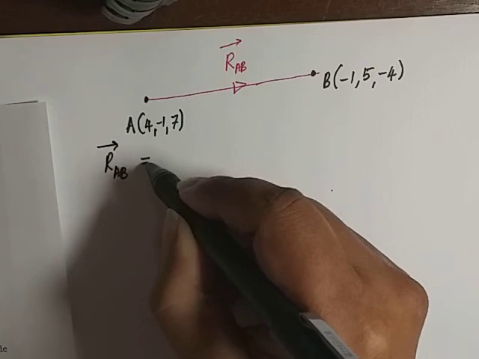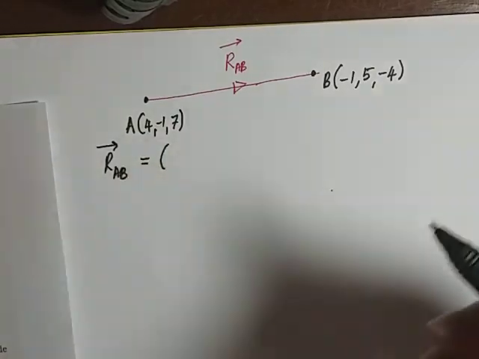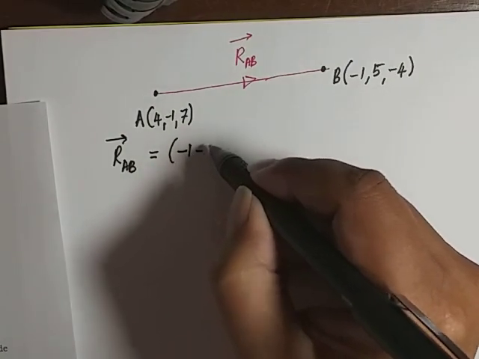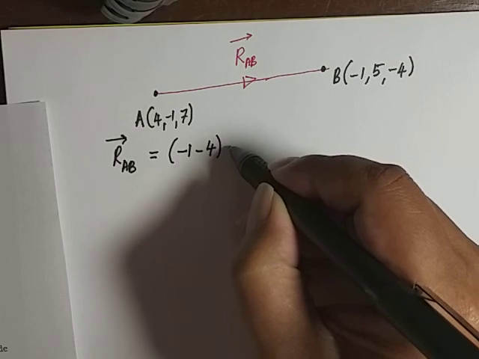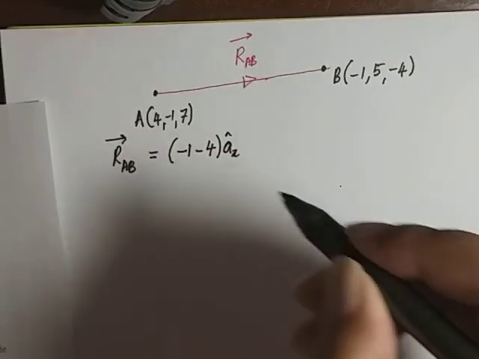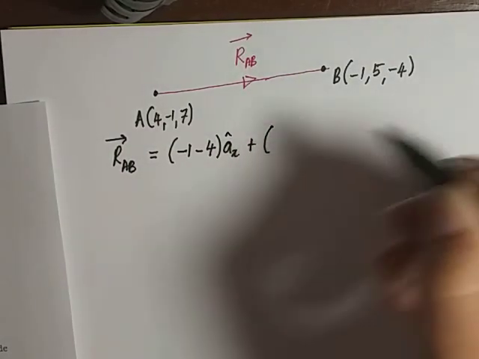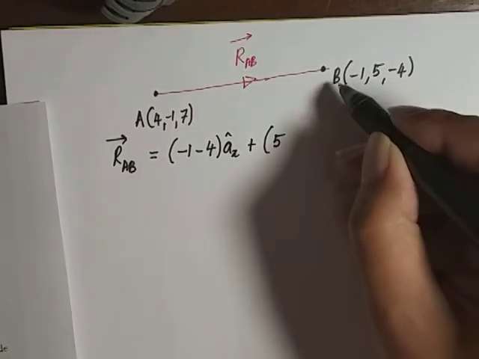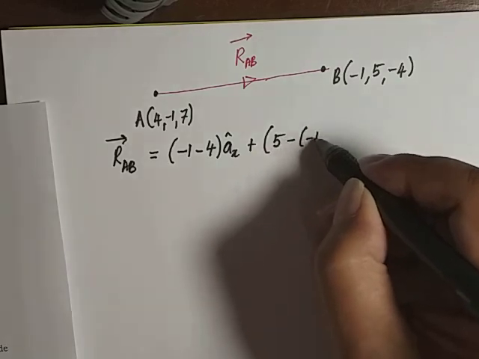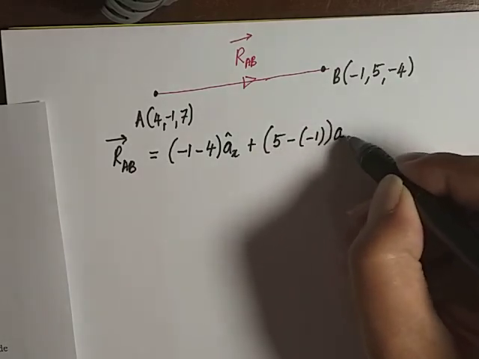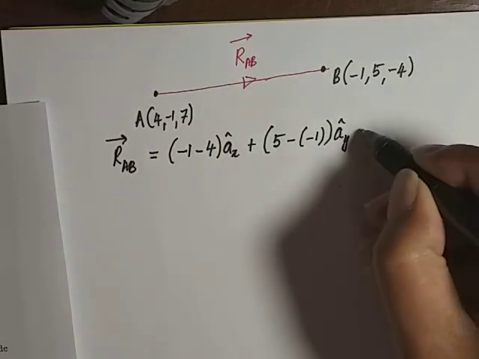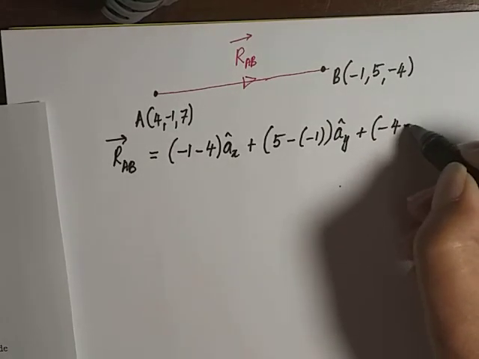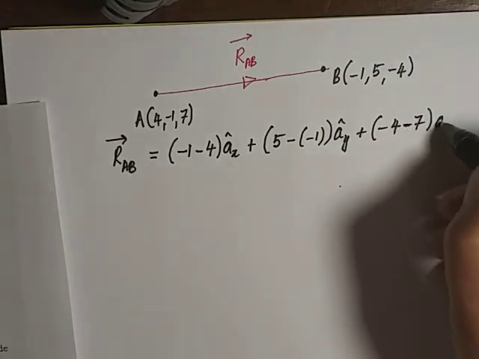Okay, from A to B, meaning that I take the magnitude of B, which is -1, minus 4, and put it as the X component. I'm going to add the Y term, which is 5, the Y variable of point B, minus -1, and that is represented by the Y component, and plus the last term, which is -4 minus 7, the Z component.